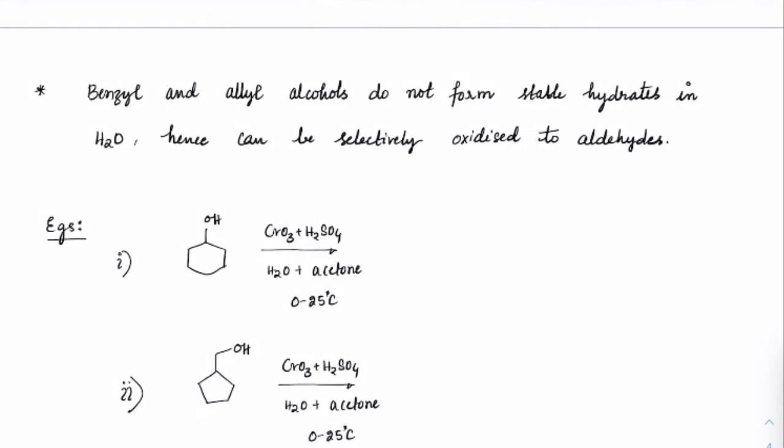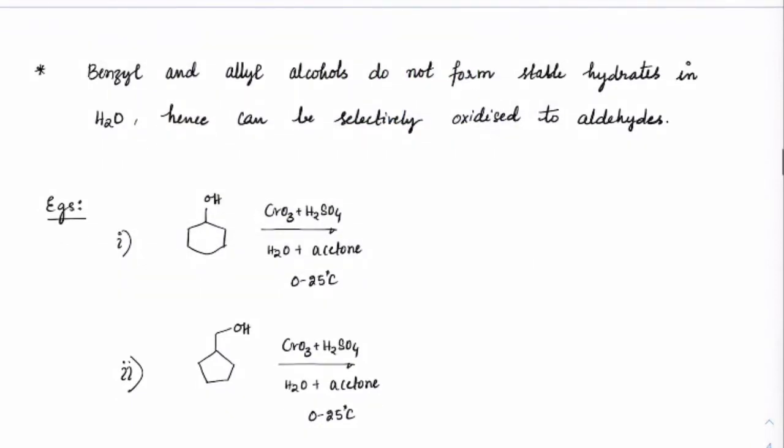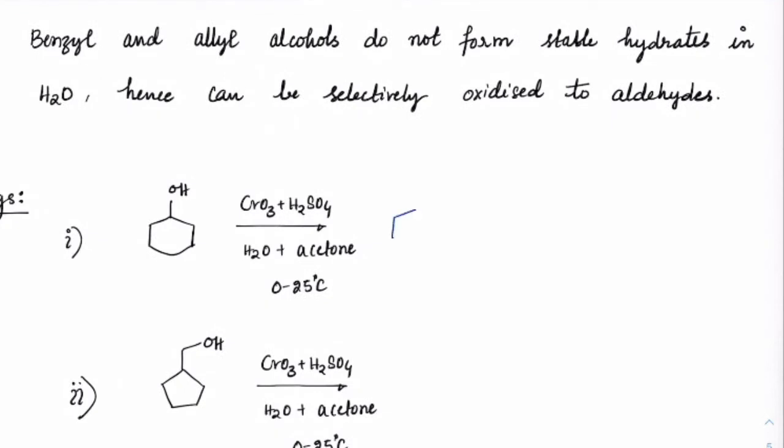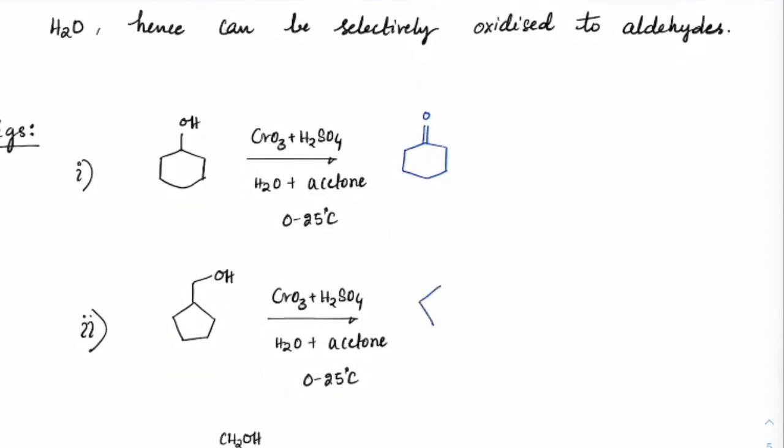For example, let us take a few which I have written here. The first one is pretty easy. Through Jones reagent, because it is a secondary alcohol, it would form ketone. Now this is a primary position.